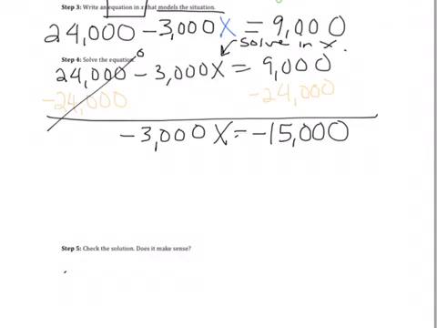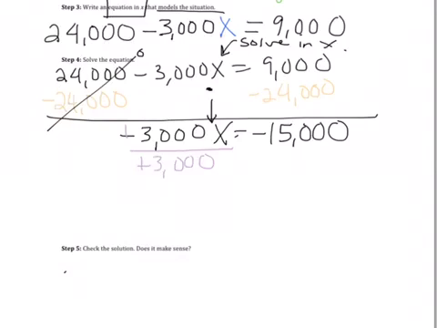So again, this 3,000x really means 3,000 times x. So to solve for x, you want to do the inverse, or the opposite operation. So we are going to divide both sides by negative 3,000, right? That's the coefficient. And I want negative because I want this to become positive.